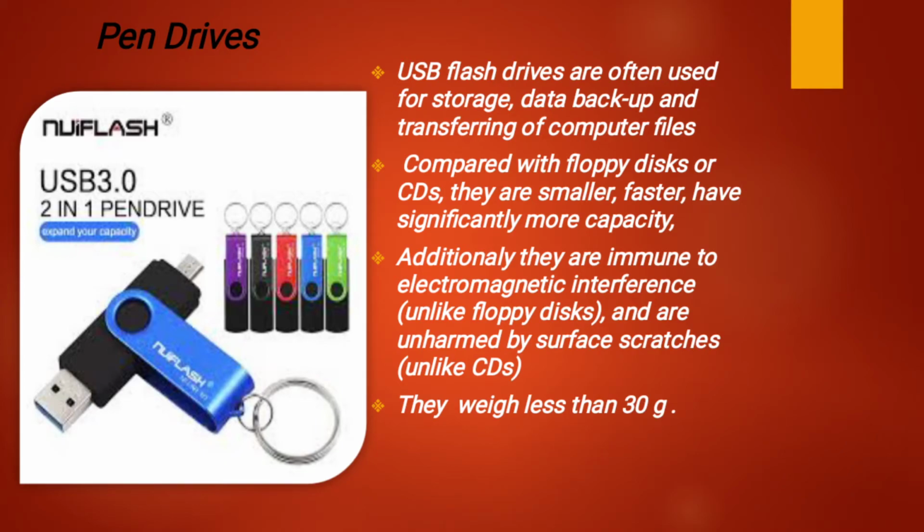And when you have scratches on floppy disks or SDs, you will lose your data, while on USBs, even if there are scratches on them, you cannot lose your data. It is much smaller and very lightweight, about 30 grams.